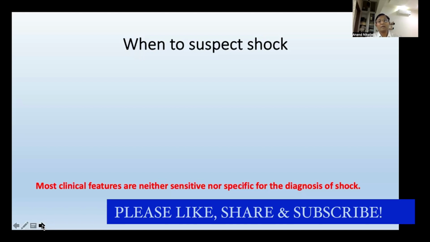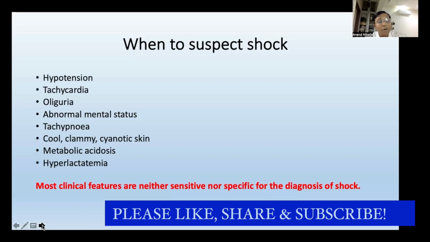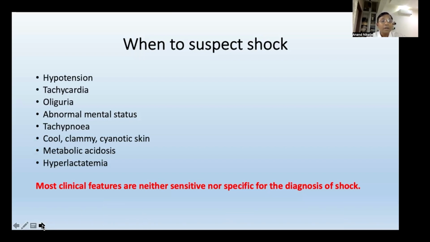When you suspect shock, suspicion of shock is very common at the bedside. You may get hypotension, which is a hallmark of shock, tachycardia, decreased urine output, abnormal mental status. Tachypnea is a very common finding in shock patients. Then pale, clammy, and cyanotic skin.